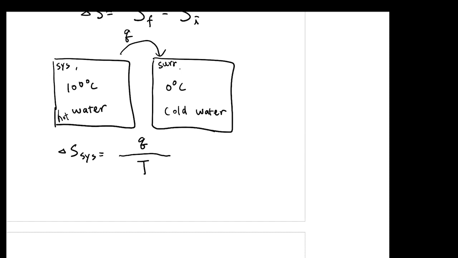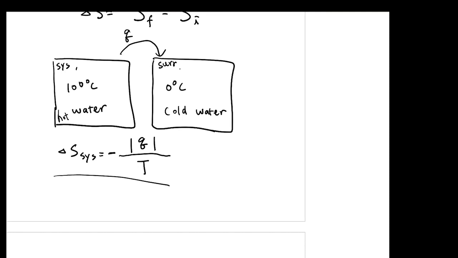So heat is transferred from your system to your surroundings. Therefore, we write delta S system is negative Q over T, where for Q we take the absolute value, so it is positive.